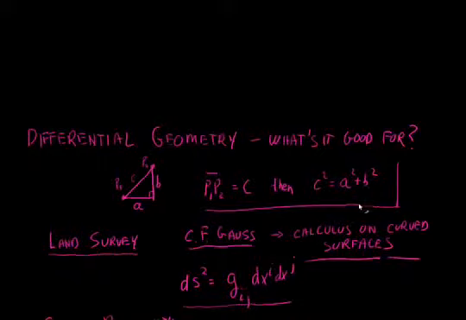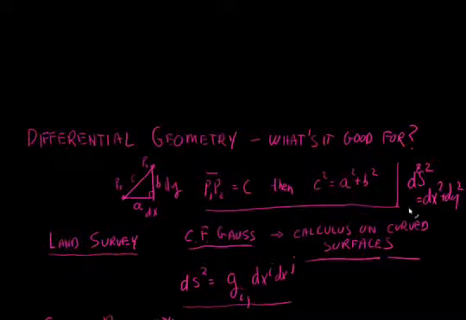You can imagine taking one of these triangles and shrinking it down to an infinitesimal and putting dx and dy on the sides, and the differential length ds squared is equal to dx squared plus dy squared.